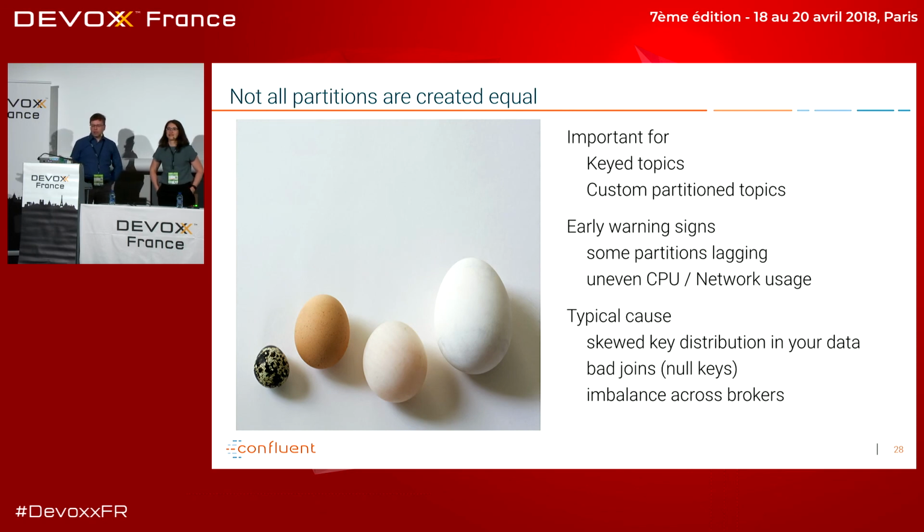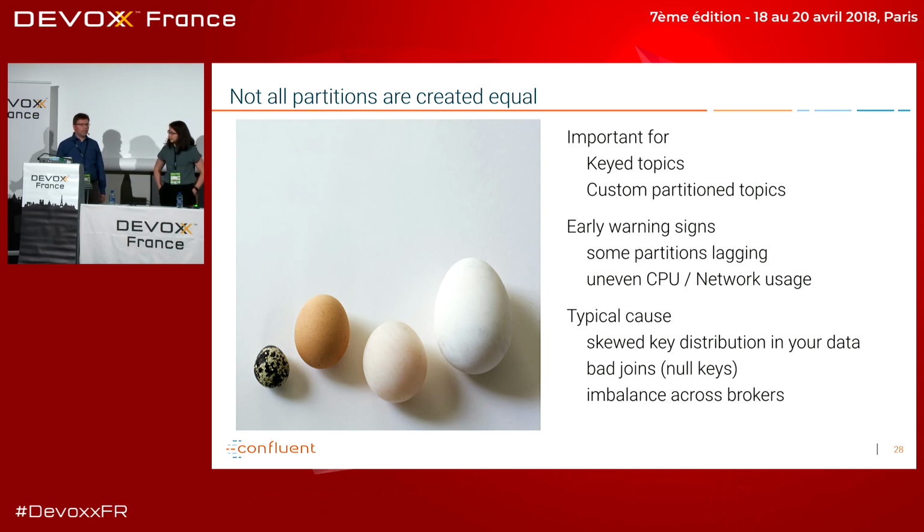Another cause is if you're doing a stream join, for instance. A typical example is someone will do a join of 2 topics, and it turns out one topic has 90% of the keys as nulls, and you're basically joining on nulls, and all of that goes to one partition, and that one partition will never be able to catch up because it's just too much to handle. So in that case, you will want to filter out those messages first because they probably aren't really valuable for your join, or you can handle them separately.